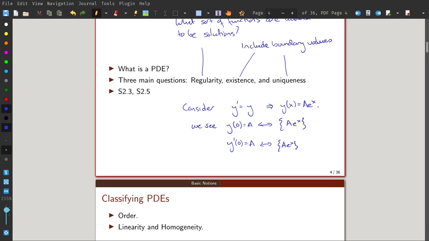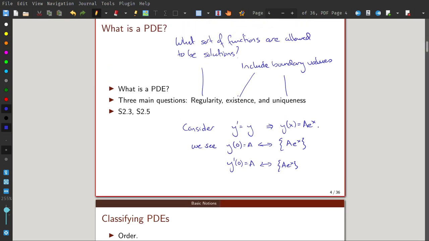And then having answered the question of does there exist a solution and is that solution unique, we then come back to regularity again. So we can ask, from the solutions we found, we were looking, say, among functions that were twice continuously differentiable, and we found some solutions.